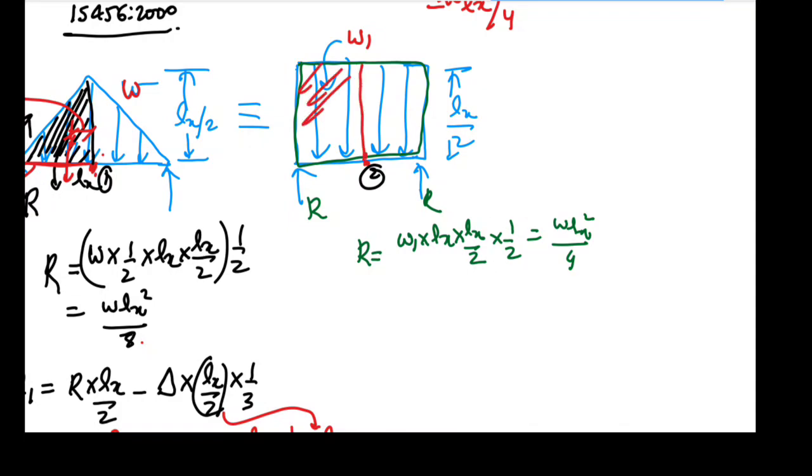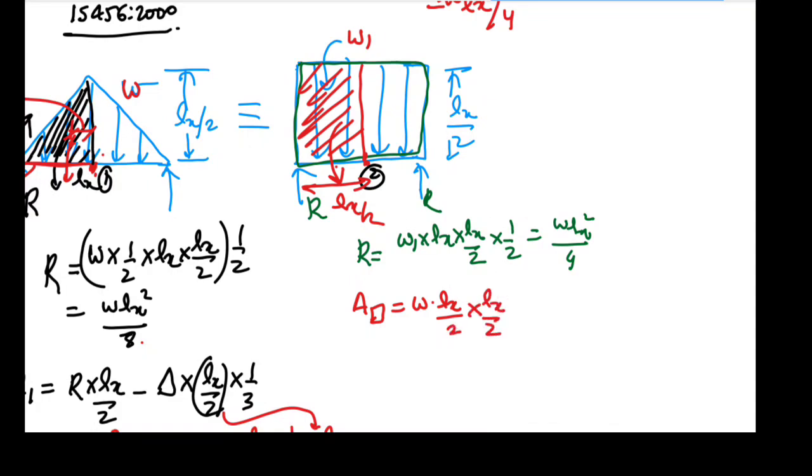Okay, now what is this value here? Suppose we want half of this rectangle for this rotation. What is this value? Anti-clockwise. So suppose I'm just evaluating the moment because of this shaded half rectangle, then the area of this rectangle is W1 into Lx by 2 into Lx by 2.